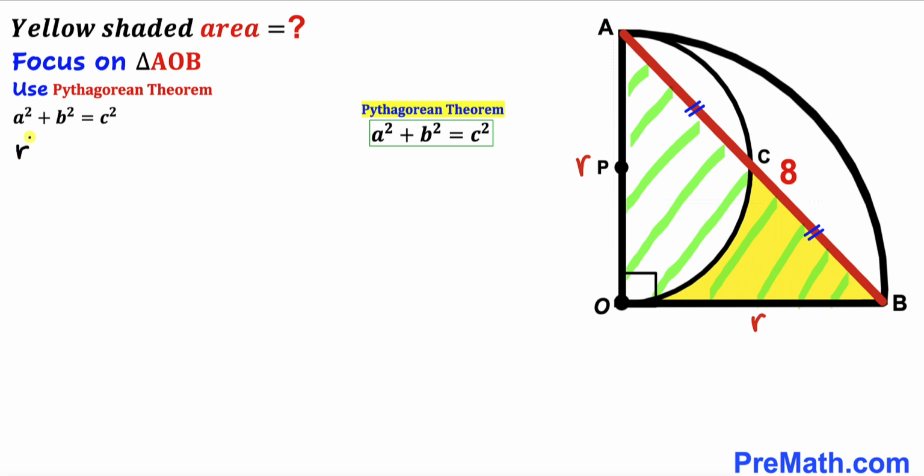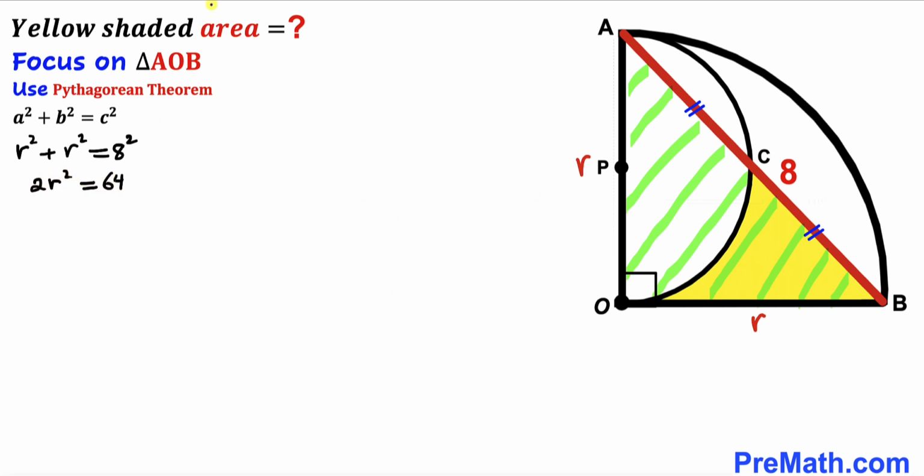So we got lowercase r square plus lowercase r square equals to 8 square. So on the left hand side, this is going to give us 2r square equal to 64. And now I am going to divide both sides by 2, and we can see this 2 and 2 is gone. So therefore r square turns out to be equal to 32 on the right hand side.